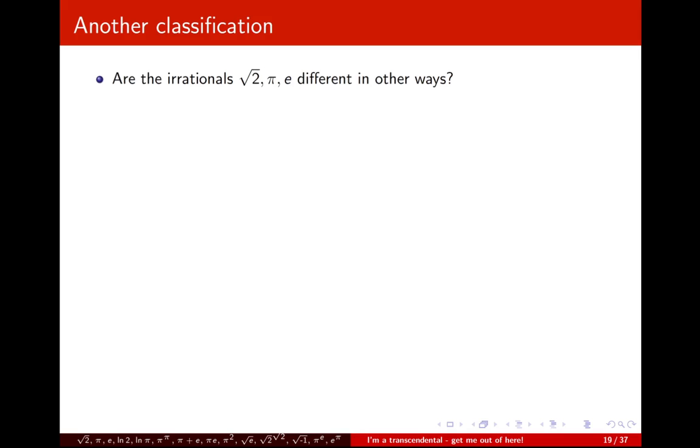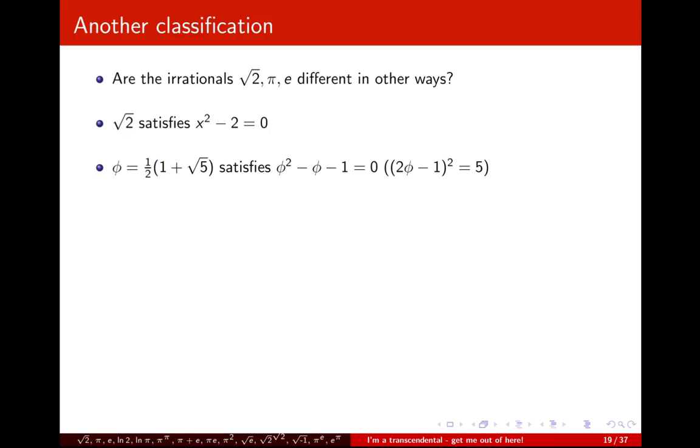Now what about the square root of 2, pi and e? Are they only irrational or do they differ in other ways? Well, we know that the square root of 2 satisfies this quadratic equation, and phi, the golden ratio, satisfies this quadratic equation. Now these are polynomial equations with rational coefficients. In this case they all have integer coefficients, but they are also rational coefficients.